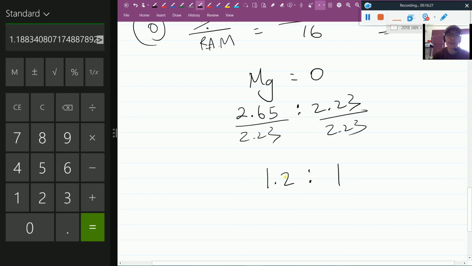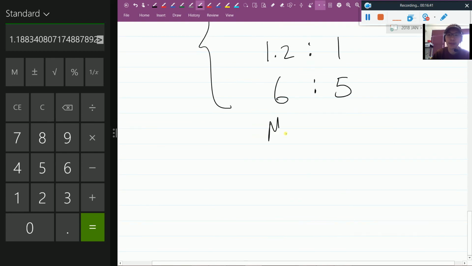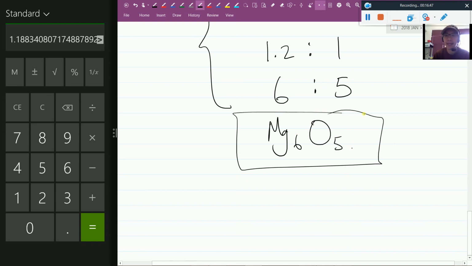When it's 1.2, you times it by 5. Based on our result, we have a 6 to 5 ratio, so 6 Mg would react with 5 parts of oxygen. This is our experimental result, and it's close enough to assume that it is MgO.